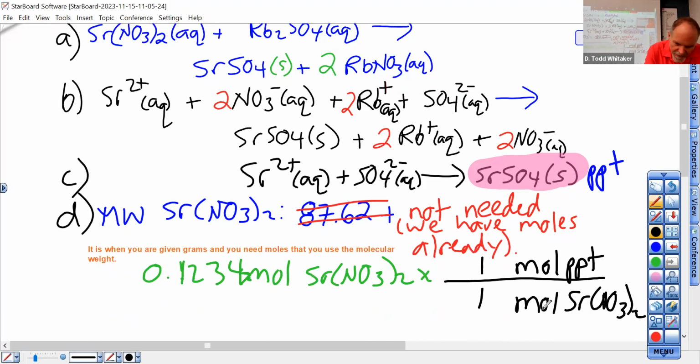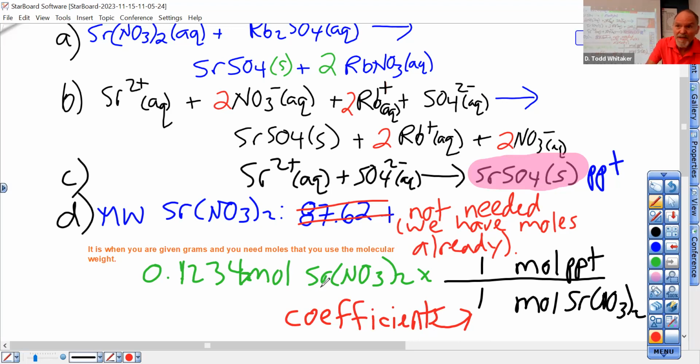Yes. What are these numbers called again? I like reminding you. The 1 and the 1. What are those numbers called? Coefficients. And we're using them for the only purpose we're supposed to use them for right now. You started with moles of this substance. The question wants to know about the moles of the precipitate.